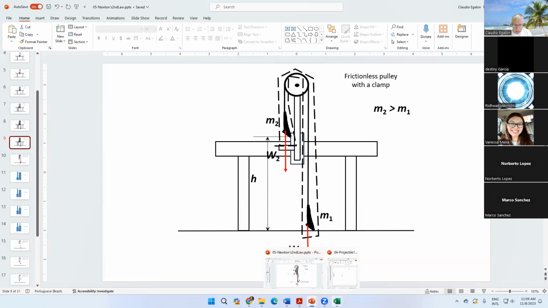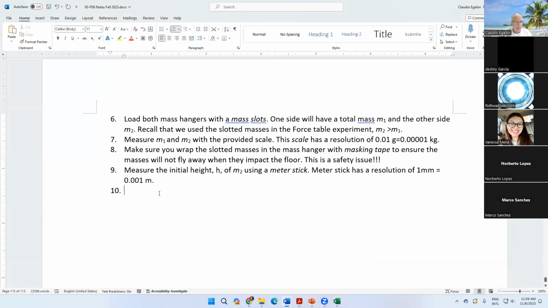Okay, what you have to do now, release mass 2 and measure how long it takes to reach the floor with a timer. Can be your cell phone timer.